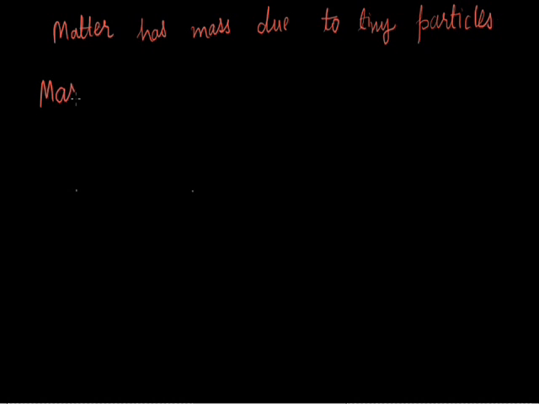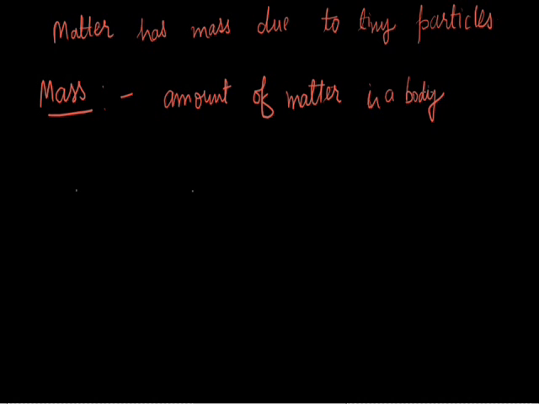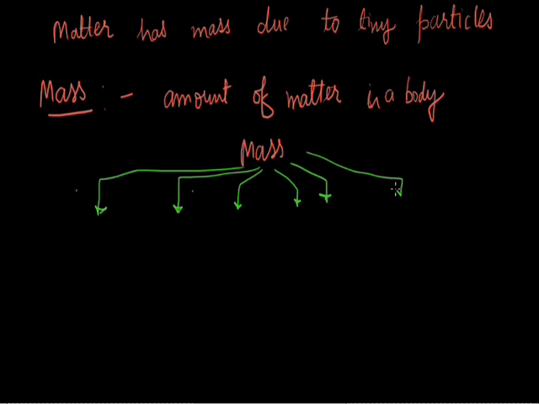What is mass? Mass is the amount of matter in a body. We can classify the mass into 6 parts. First one is atomic mass.